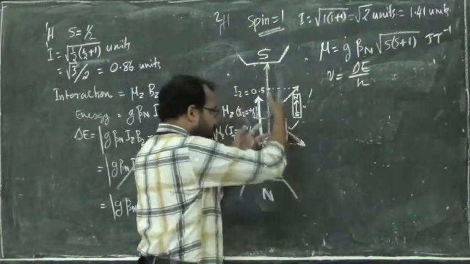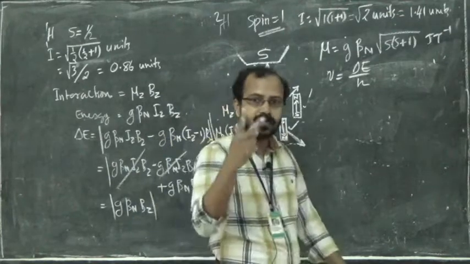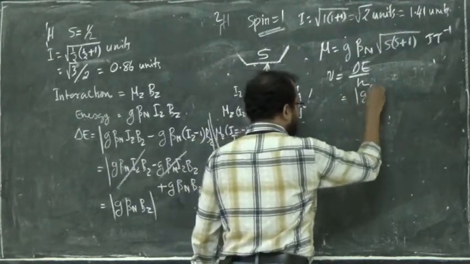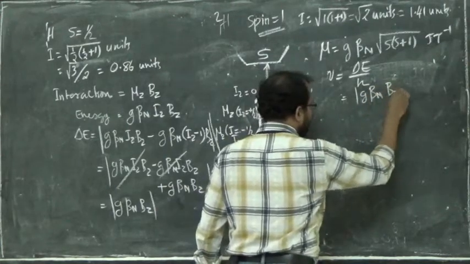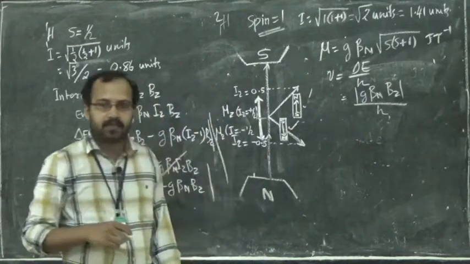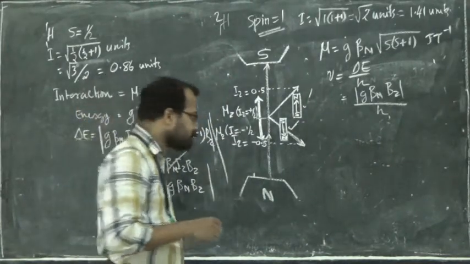That is equal to g beta n Bz divided by h.